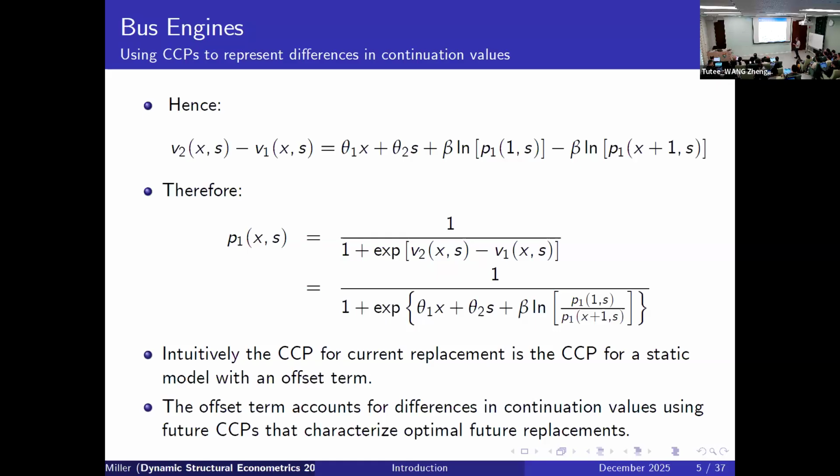So really, we're thinking about the conditional choice probability in this dynamic setting as being what you would get in a static model, but with this offset term to reflect the fact that, wait a minute, maybe we should think about the future.